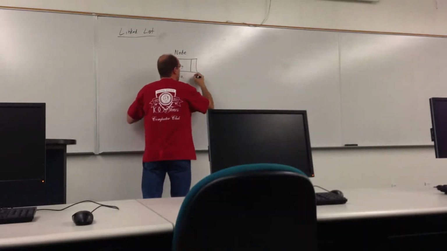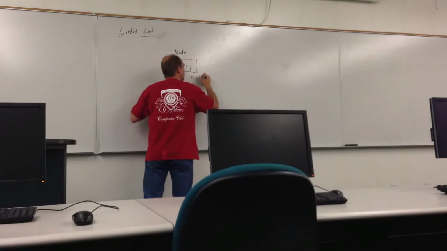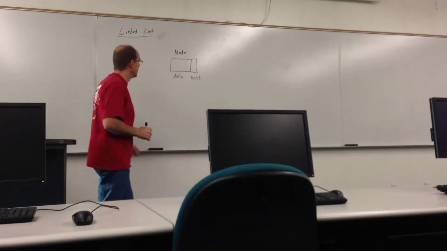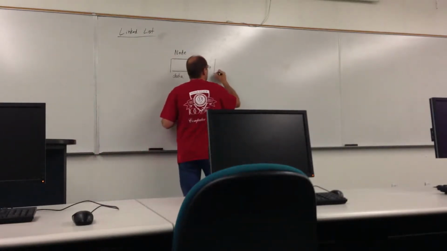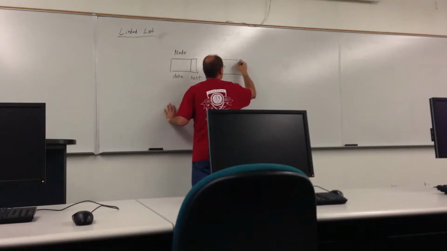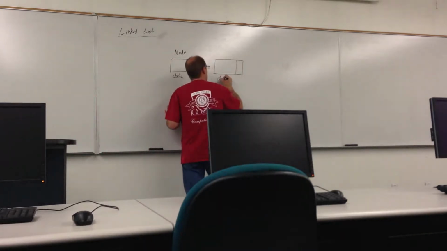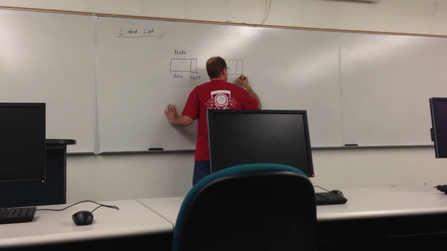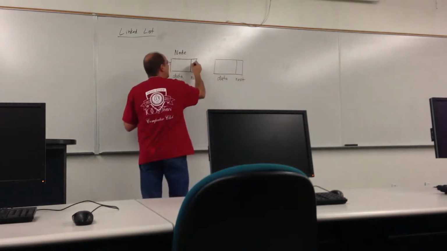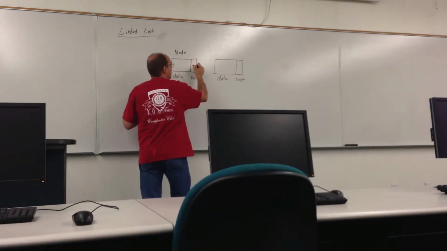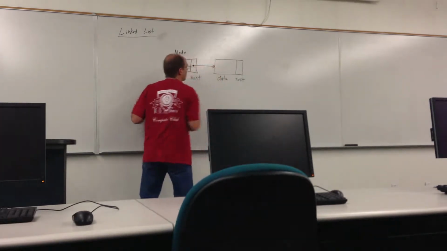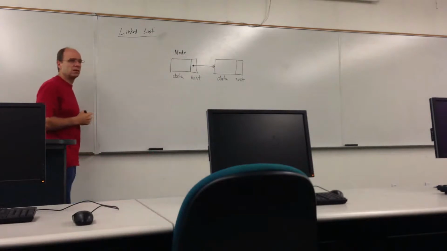Packed together with a pointer we call next. If I have multiple nodes collected together, remember each one of them has a data section and a next section, then I can link them together because next is just a pointer to the next object in my list.